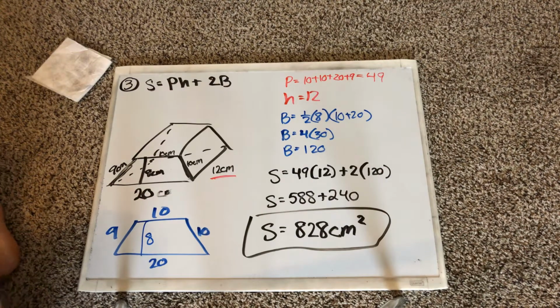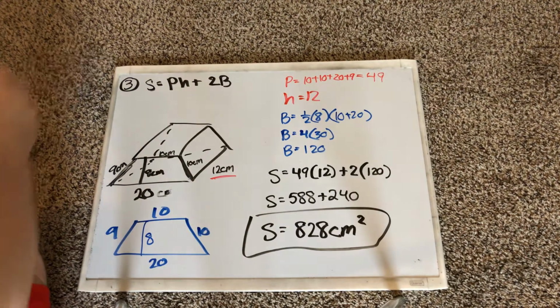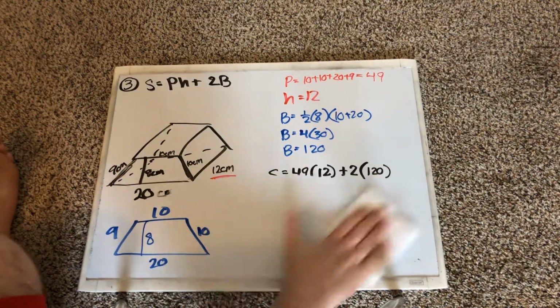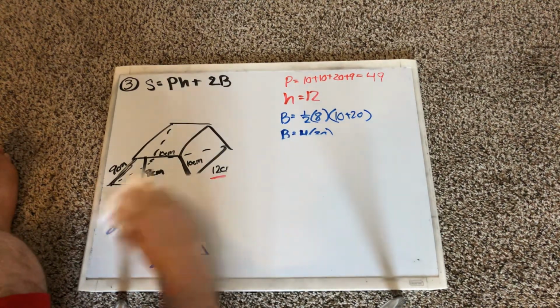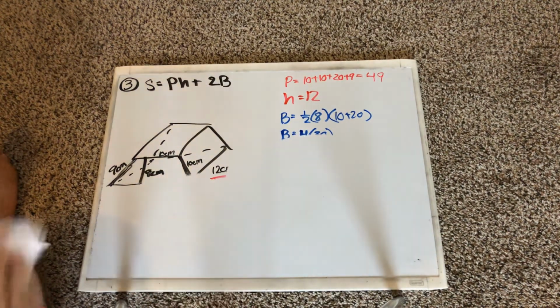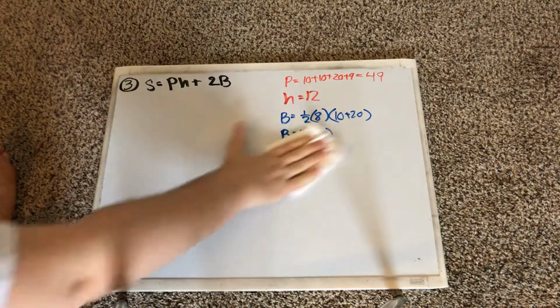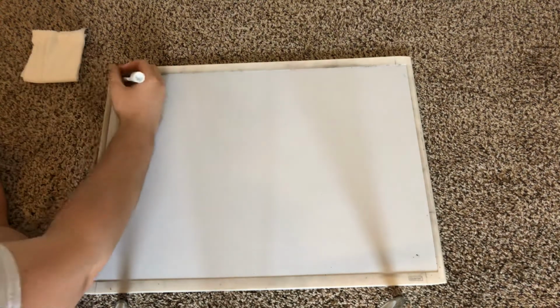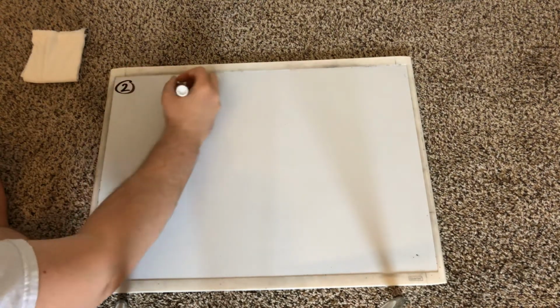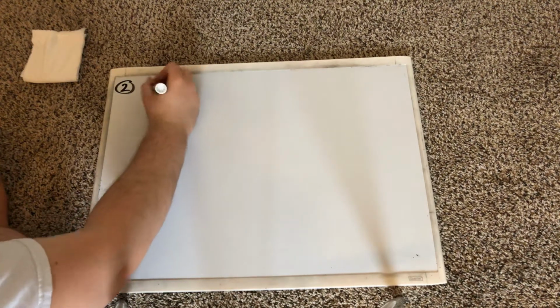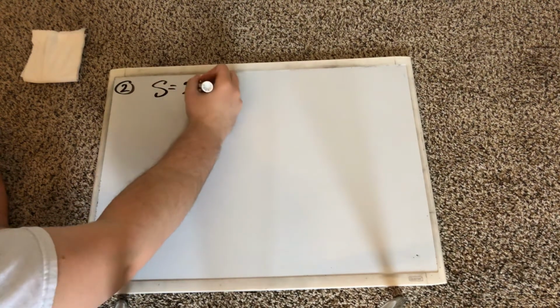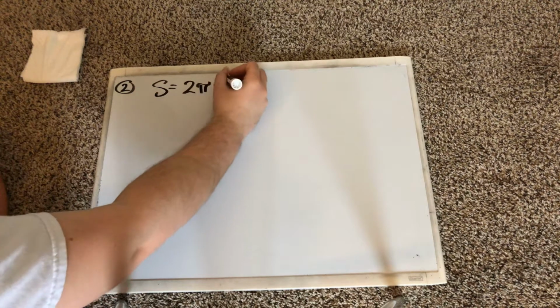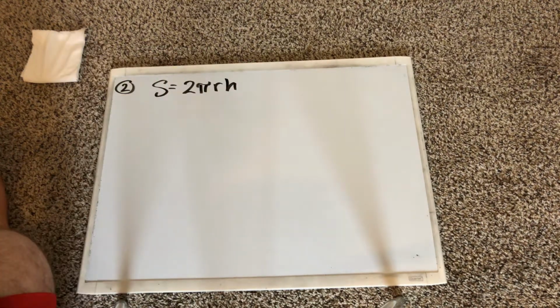Not too bad, right? Alright. So that was prisms. Let's do cylinders real quick. This is number 2 in the notes. The surface area of the cylinder is 2 pi radius times the height.